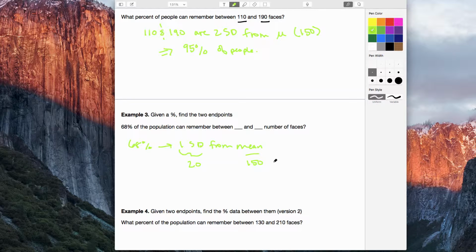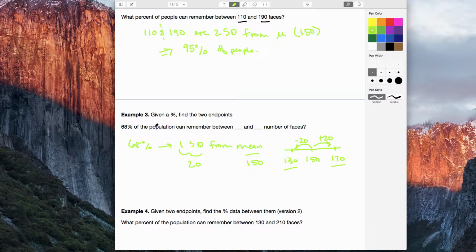So we need to add and subtract 20 from the mean. If I draw just an axis here, here's 150. I go up a standard deviation and down a standard deviation, so I subtract 20 and add 20 on either side. So I get 130 and then 170. And these are my answers.